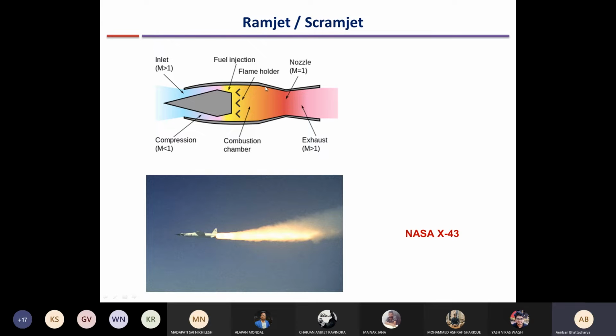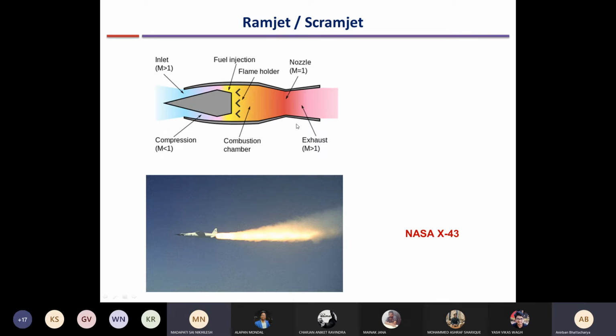So once you have removed the turbine, you have no problems with high temperature. So you can go to very high temperature and then use a convergent divergent nozzle, as you can see here, to increase the velocity to a very high value and generate a large amount of thrust. So this is a very simple device, because there are no moving parts.